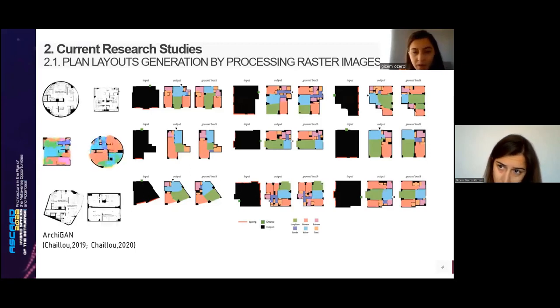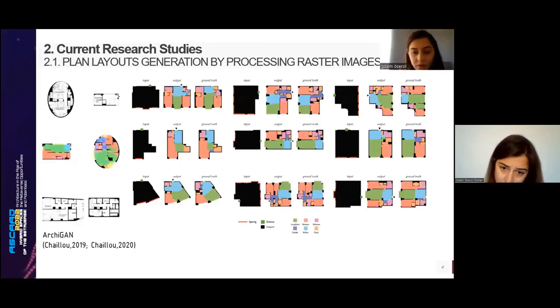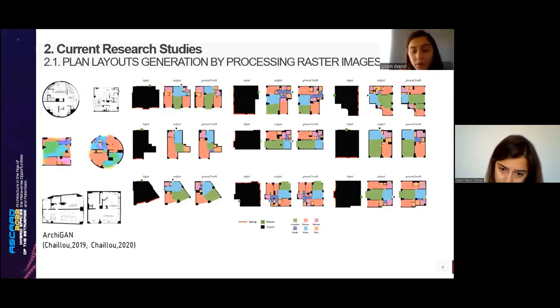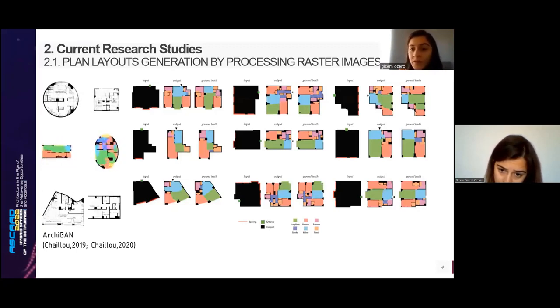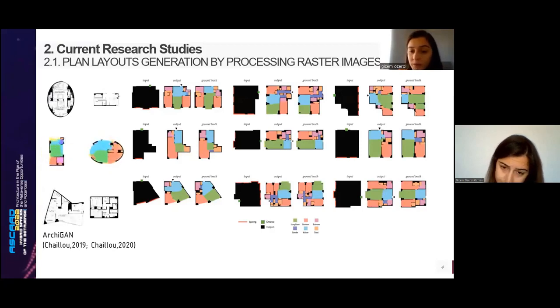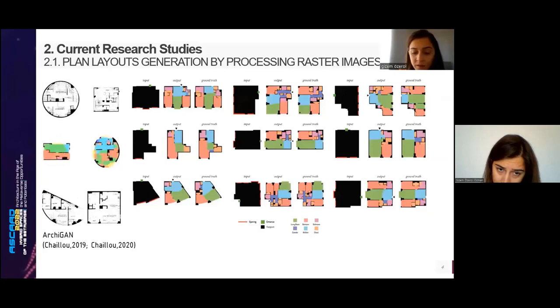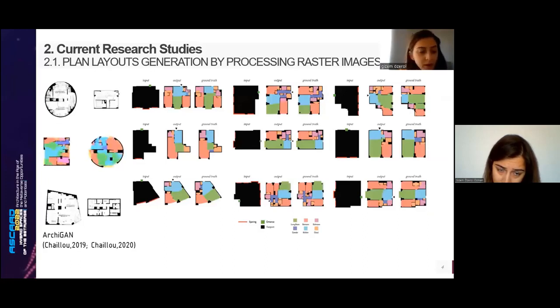Another important thing here was the user interface, because while the user is drawing, the plans are also generated. So it was an important idea as a starting point for the GANs in this process.